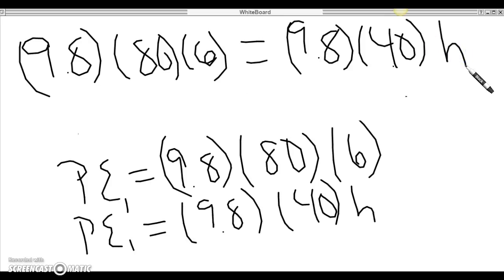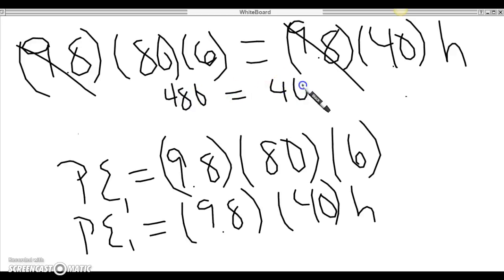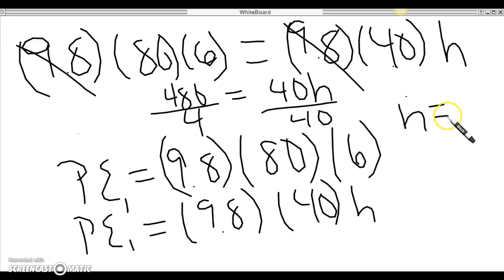Now, we really don't even need the 9.8 because they're the same on both sides. If we divide both sides by 9.8, they both go away. So if I multiply, I get 48 equals 40h. Divide both sides by 40, and I get h is equal to 1.2 meters.